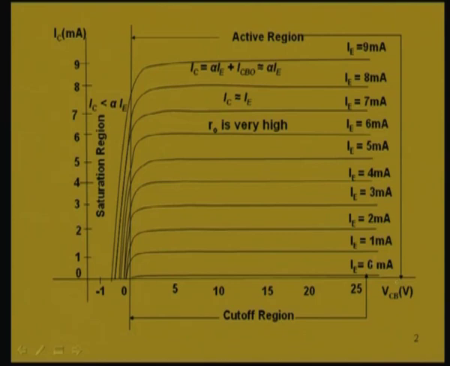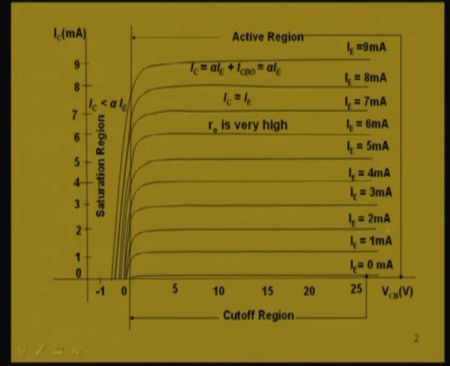For different values of IE, if we take IE starting from 0 and increase it in steps of 1 milliampere, say, and then plot IC by changing VCB, we get an almost horizontal characteristic.